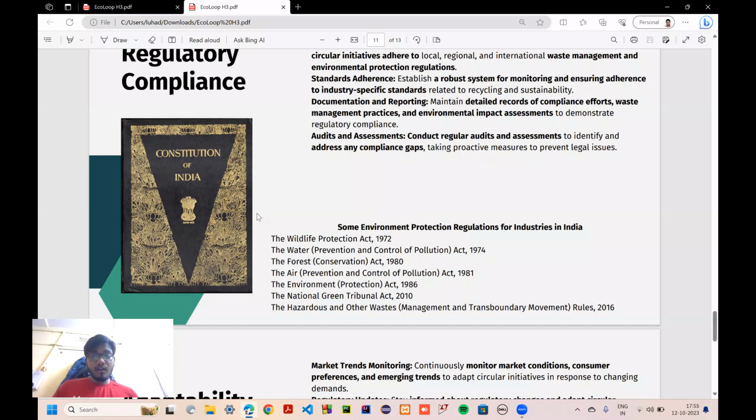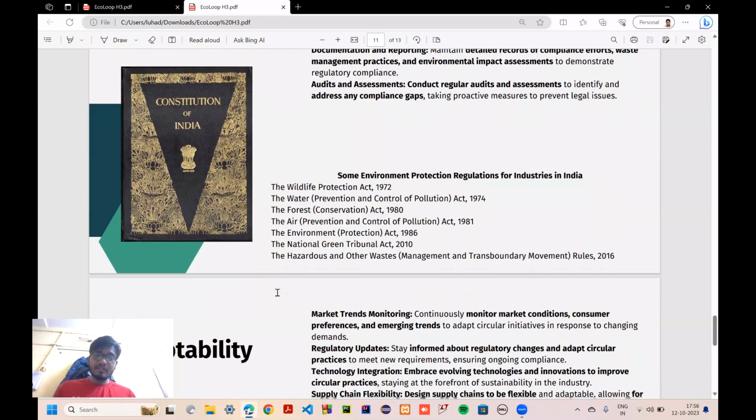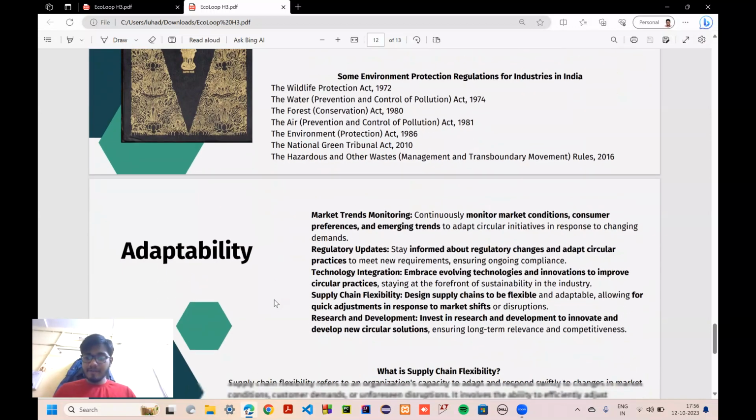The government of India has also been very active and strict in regulatory compliance. There have been many acts that have been passed over the years. Some of them include the Wildlife Protection Act 1972, the Forest Act 1980, the Environmental Act 1986, and the Hazardous and Other Waste (Management and Transboundary Movement) Rules 2016, very recently.